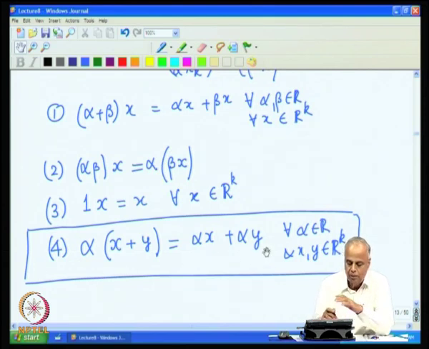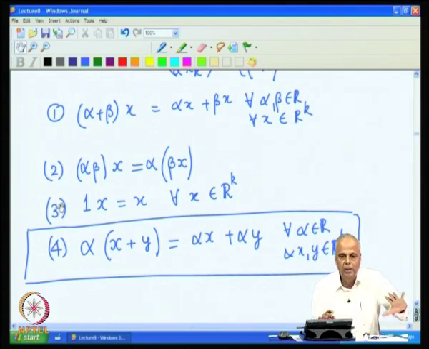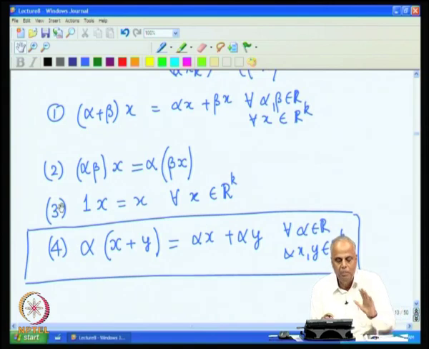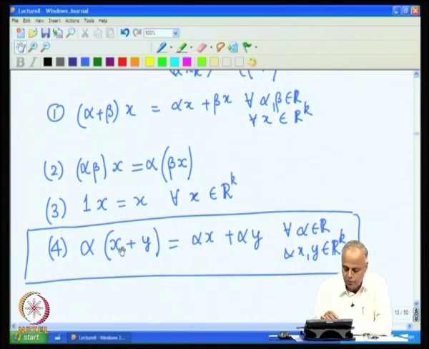Otherwise, the first 3 properties or 4 properties 0, 1, 2, 3 that we wrote of scalar multiplication and the other properties of plus, they live independently, they do not involve a mixture. But now, this property involves both scalar multiplication and addition in Rk. So, this is a very important rule, it combines the two basic operations that we have studied so far.